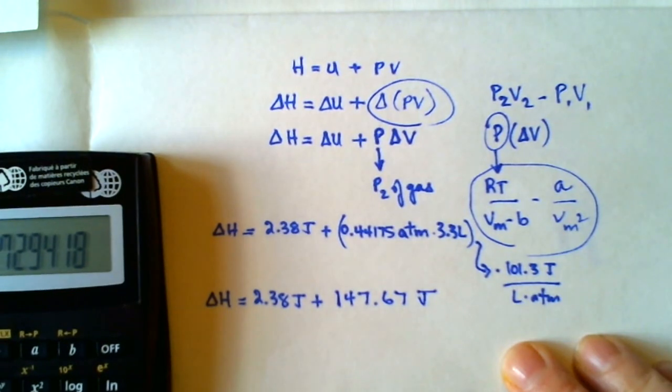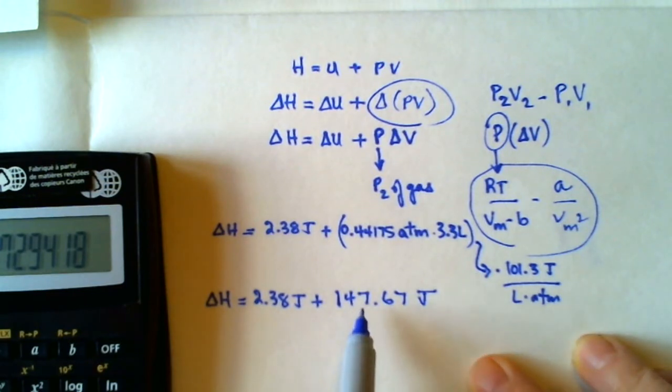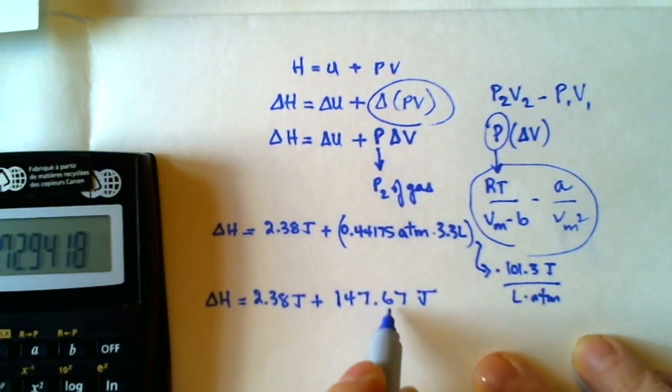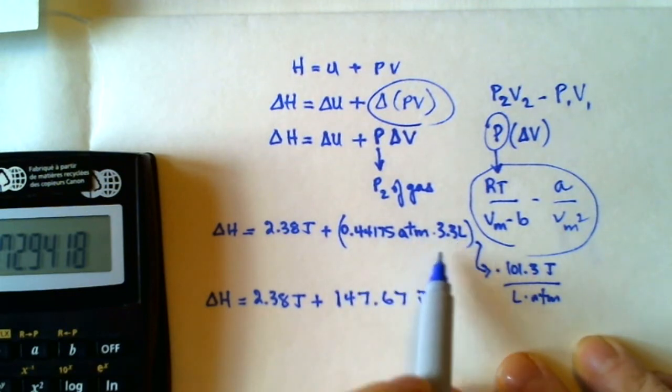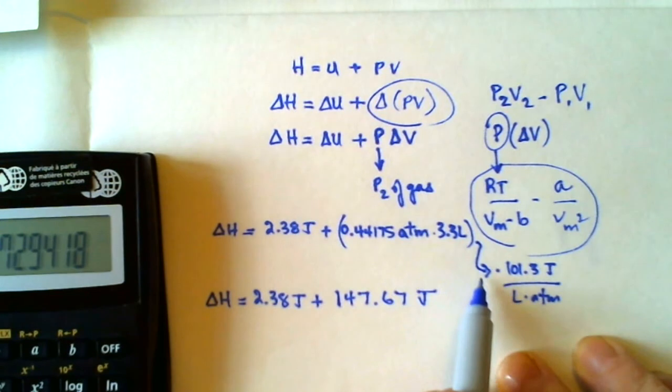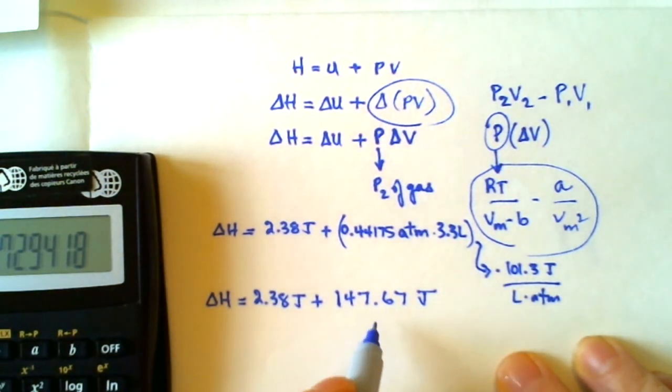And how many sig figs should that be? Just 2. That should be just 2. So I think, yeah, because of the 3.3 liters. So 150.